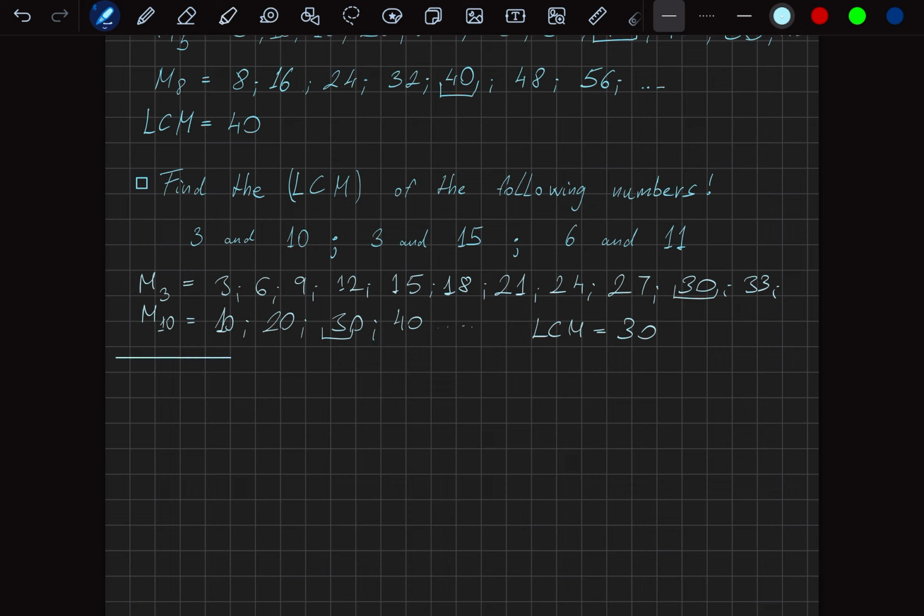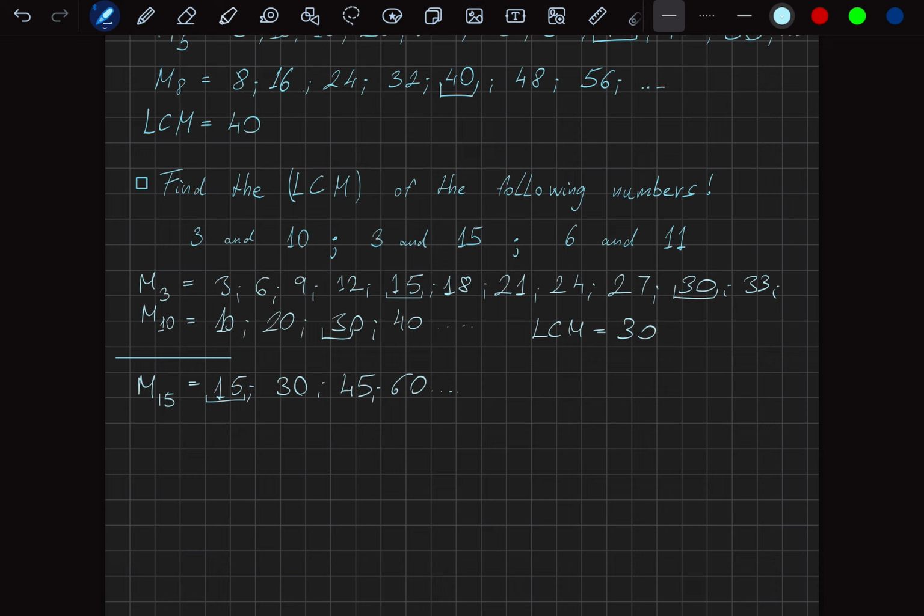Next one, 3 and 15. I will not write the multiples of 3 again, they are here. The multiples of 15: 15, 30, 45, 60, etc. It will be 15. So a number can be the lowest common multiple.